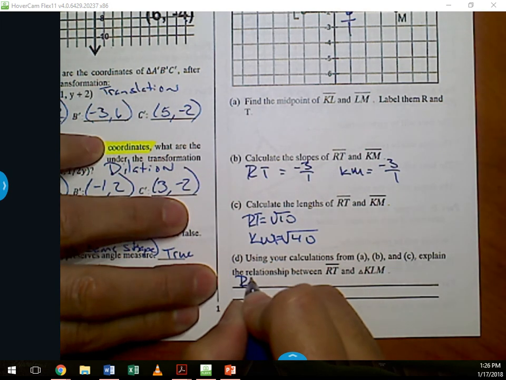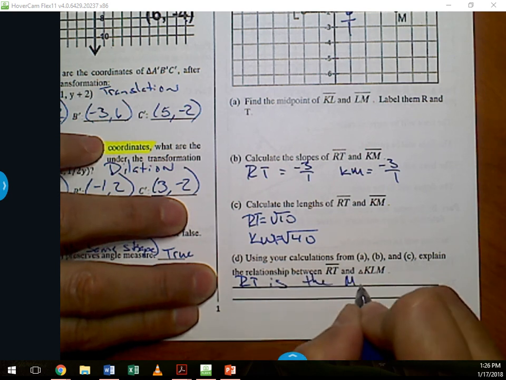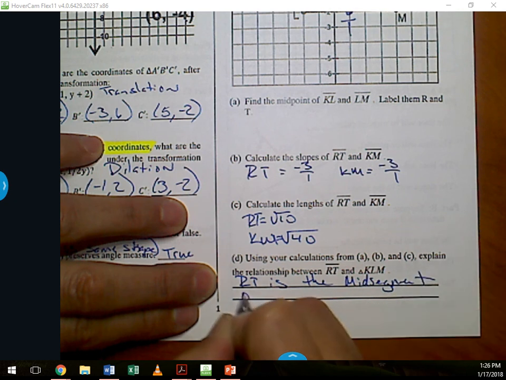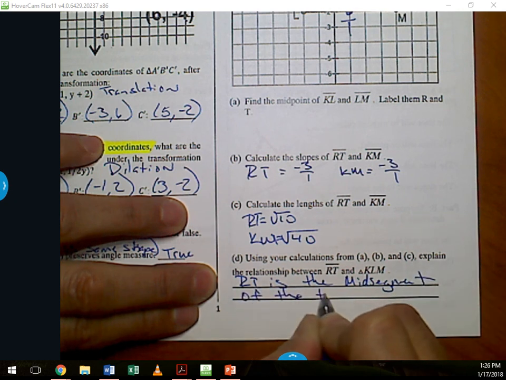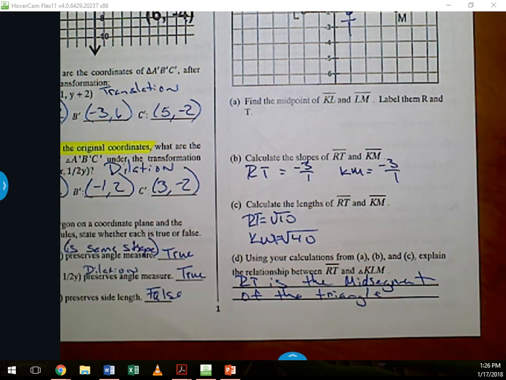So RT is the mid-segment of the triangle. Does that make sense?